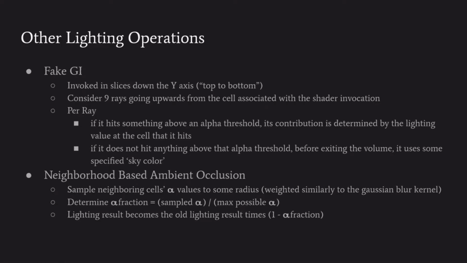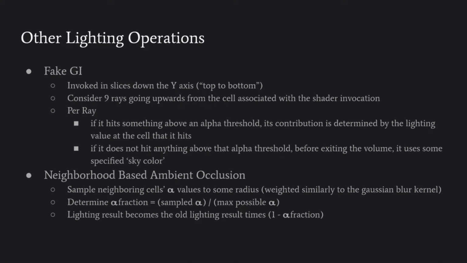So it's going from that voxel's location to those 9 voxel locations, and each of those rays has some contribution to the final lighting. If it hits something that's opaque, it takes some of the light from that opaque object, and if it escapes the volume before it hits anything opaque, it's going to use a sky color as its contribution to the lighting. And so all those are averaged, and then that's what's applied.